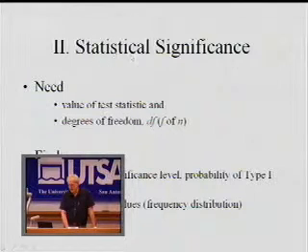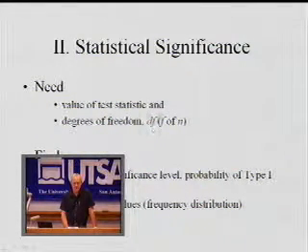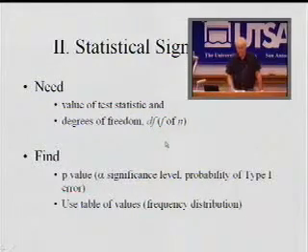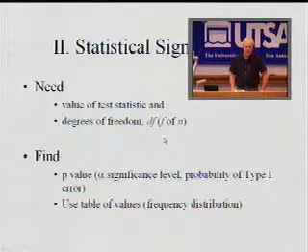So to establish a statistical significance, you need the value of the test statistic, the student t-test statistic, and the degrees of freedom, again where the sample size is represented. The degrees of freedom are the freedom of the n, the sample size, as we know. For the t-test, we know that degrees of freedom equals n minus 1, the sample size minus 1.